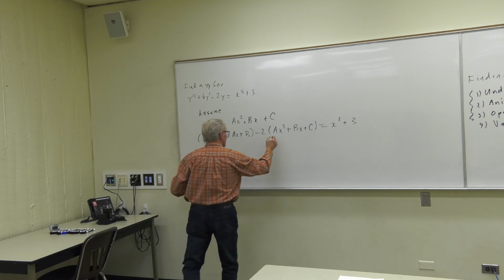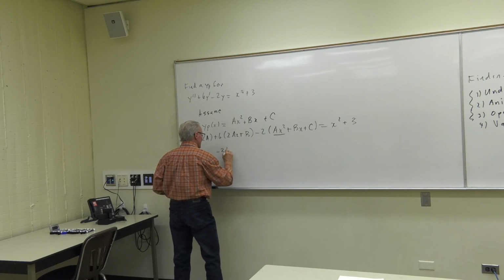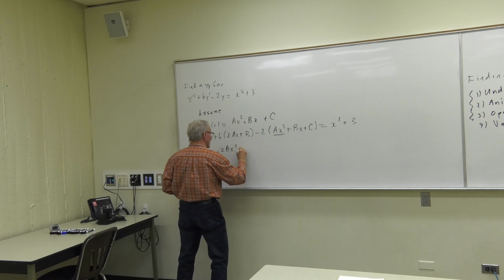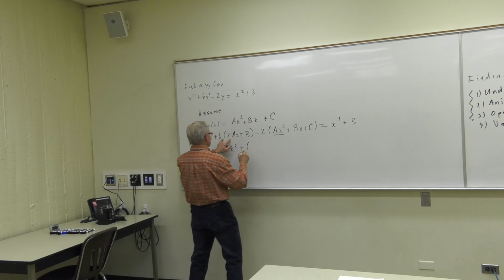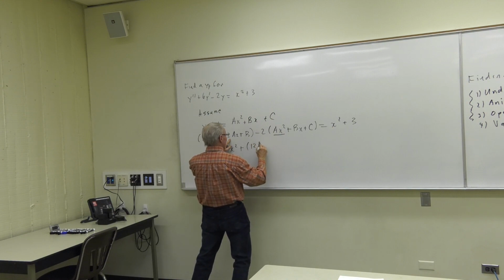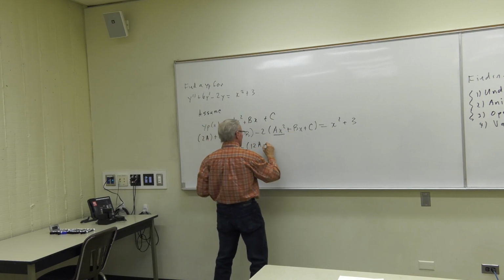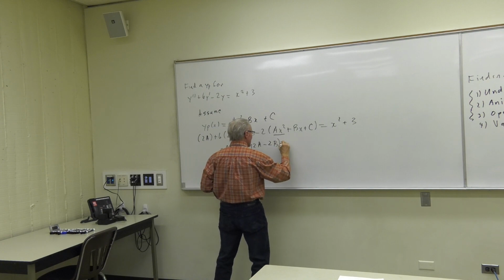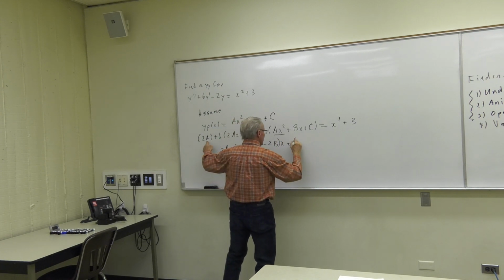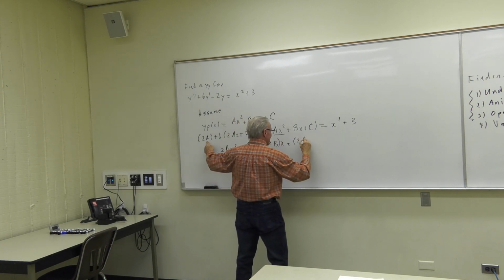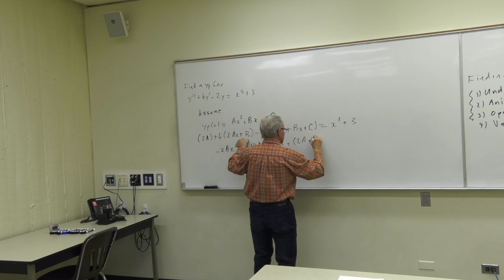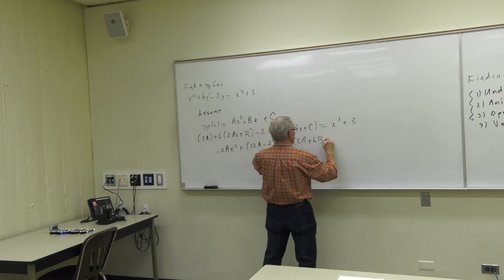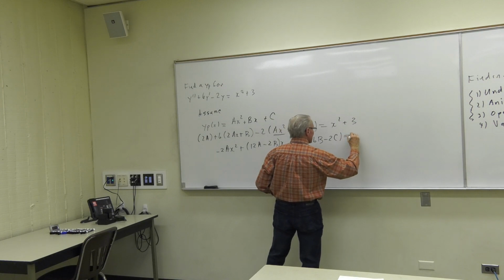Well, there's only one with ax squared. And for x's, I've got this one, 12a, and I've got minus 2b. That's the x terms. And then I've got the non-x terms, 2a here, 6b here, and minus 2c, equal to that.